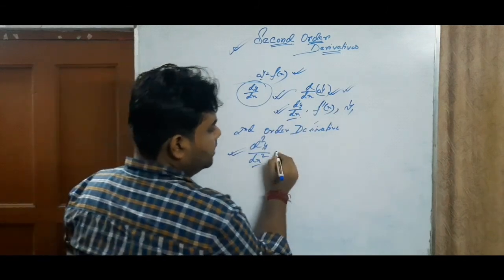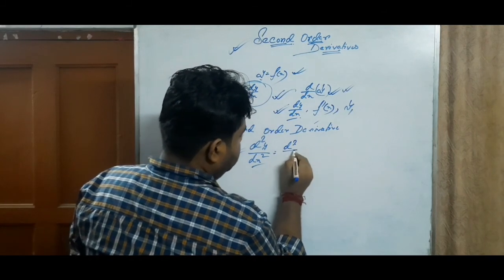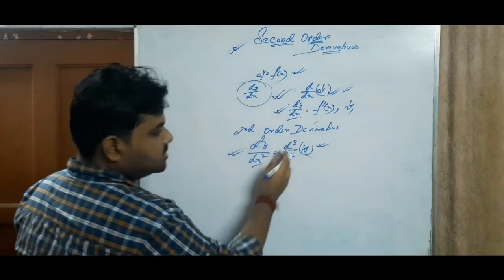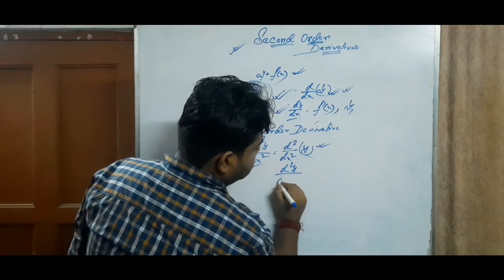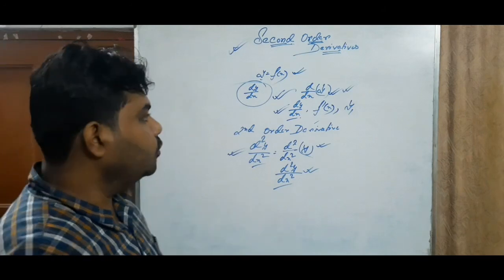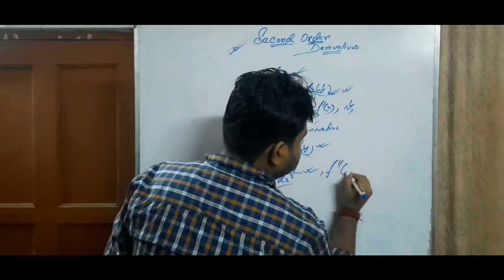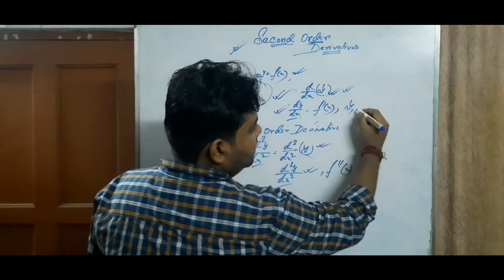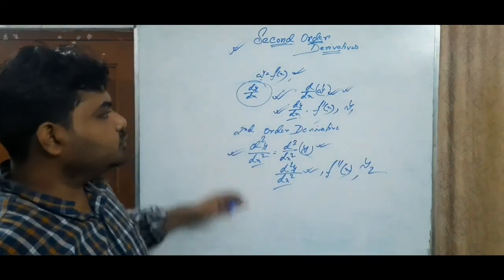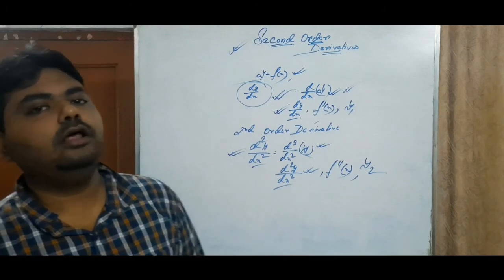For second order, it is d square by dx square of y, that is d2y by dx square. We can also write f double dash x, or as here we wrote y1, here it is y2. So these are the methods to represent the second order derivative.